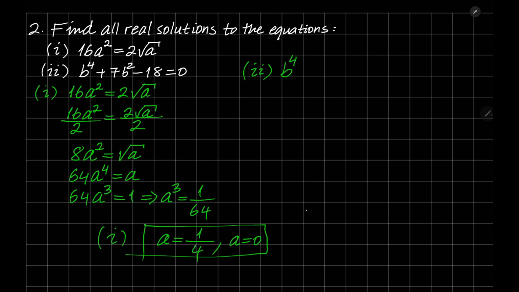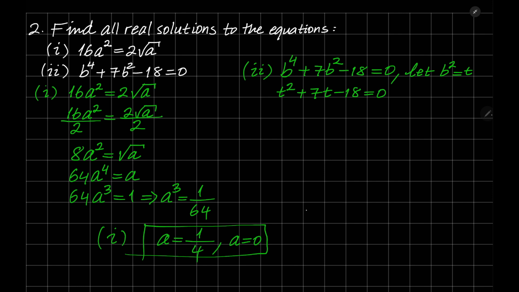b to the power of 4 plus 7b squared minus 18 equal to 0. Now let b squared be t. Then t squared plus 7t minus 18 is equal to 0.